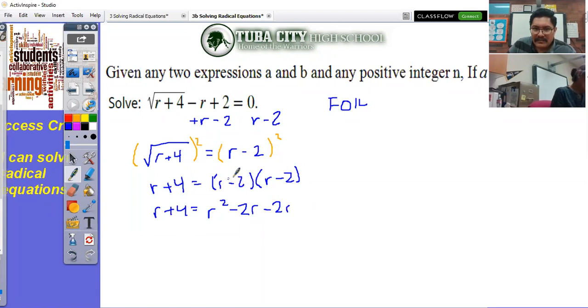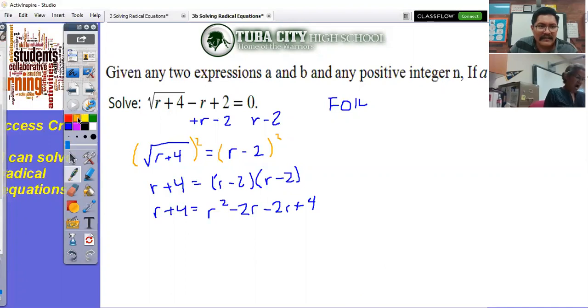And last numbers, 2, well, don't forget that these negatives also have to go with the number also. So that's negative 2 and negative 2. So negative times negative is going to be positive. Which again, if you remember from factoring, sometimes you got to pay attention to these signs, and there are special things you got to watch out for.